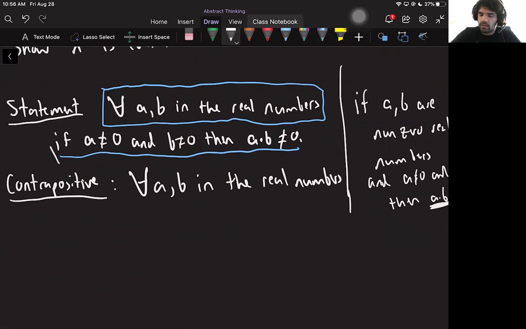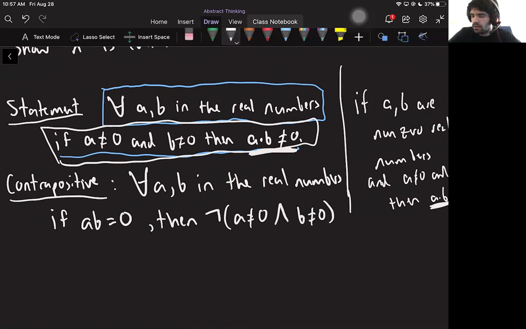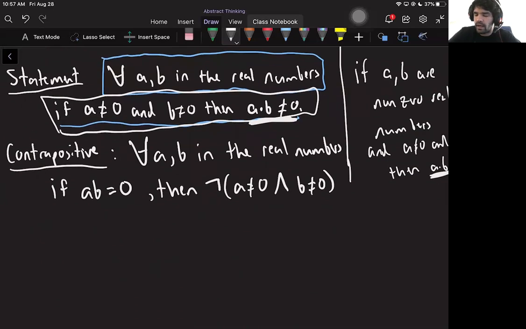we're just going to do the contrapositive of the if-then part. So if the conclusion doesn't happen, so that would mean a times b does equal 0, then the hypothesis doesn't happen. So then, let me write it like this, a negation symbol, a is not equal to 0, and let me write the and with the symbol to remind you how negating an and works.